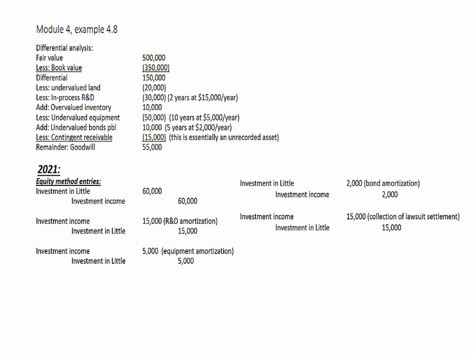So that $15,000 gain is included in Little's reported earnings of $60,000, which means it's therefore reported in Big's investment income of $60,000. From Big's perspective, that shouldn't be there. So they're going to go ahead and reduce that investment income to strip out that gain that from their perspective shouldn't be there, and they're going to credit the investment in Little because, hey, that $15,000 receivable no longer exists.